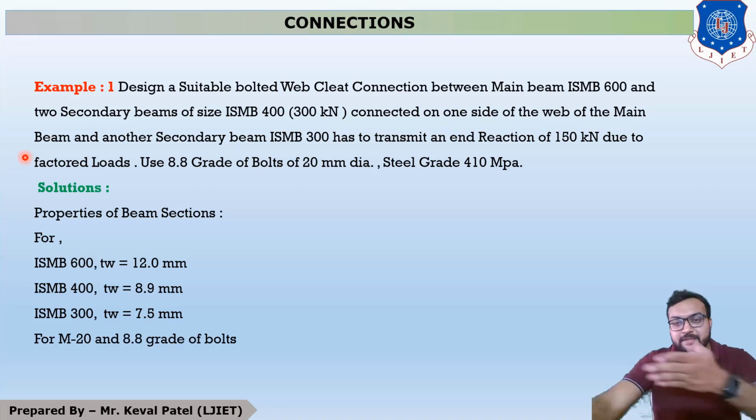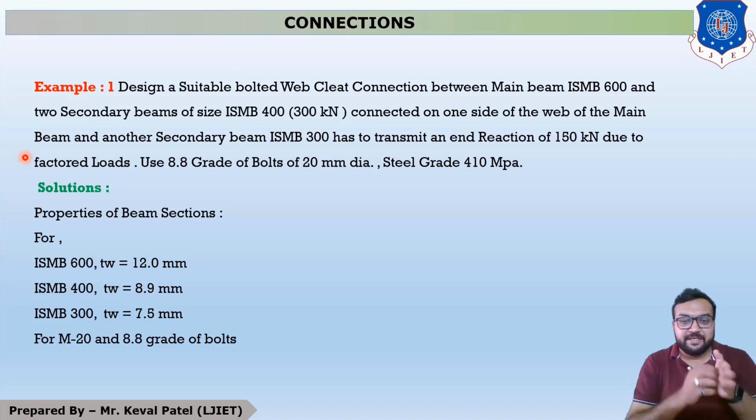It means this is our main beam. On the right hand side, one secondary beam is connected which transfers 300 kilonewton to the main beam, and on the left side another secondary beam, which is ISMB 300, transfers an end reaction of 150 kilonewton due to factored load.